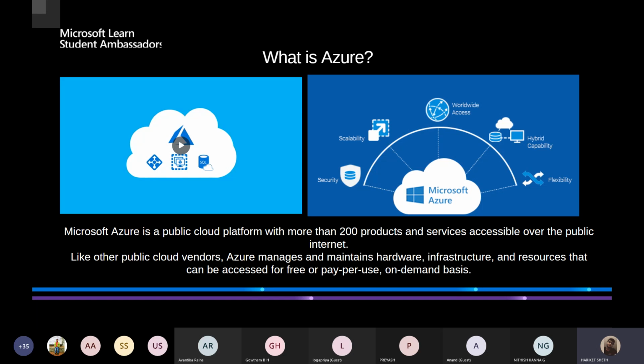And Azure provides an ever expanding array of products and services which can meet all of your demands. You say it and you get it in Azure. It has hybrid capability and worldwide access. It's a very flexible platform with more than 200 products, and still they are not stopping. They are developing more and more products day by day.